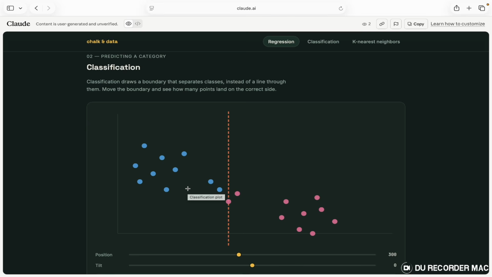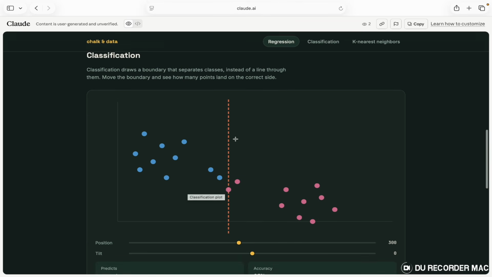And if I talk about the important thing in it, the major core concept is the decision boundary. So now let's look at our graph. We have blue dots and we have pink dots, and our job is to separate them.